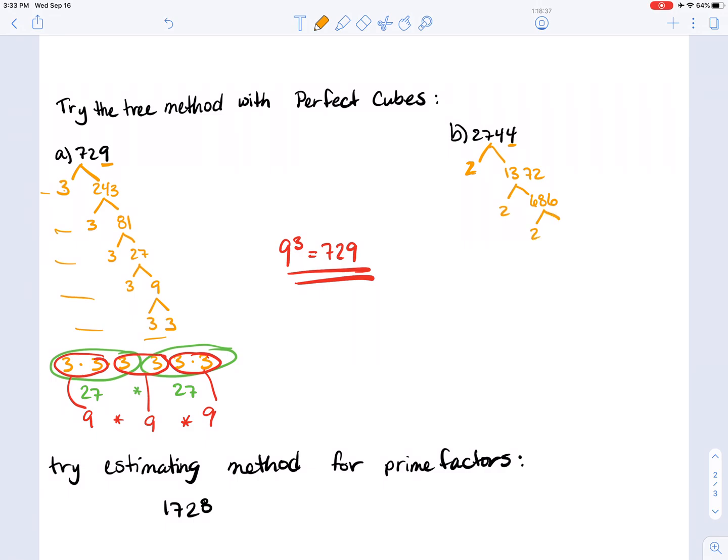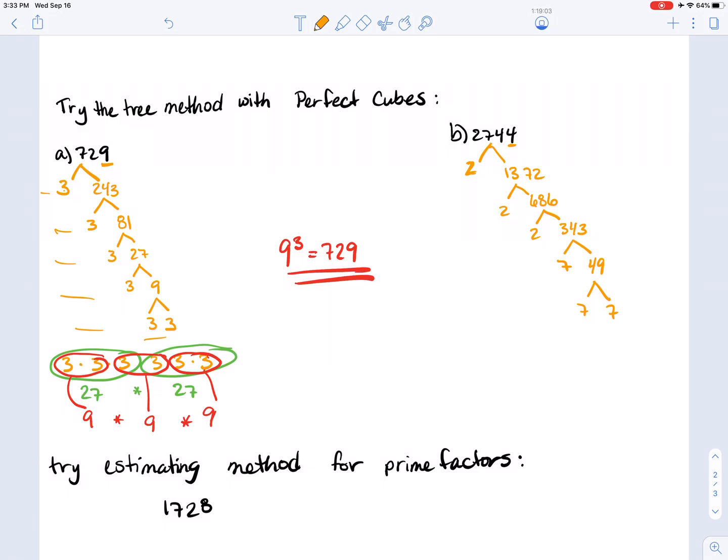Break it down again by 2, 343. Now, 343 obviously does not divide evenly by 2. I could try 3. You will find it doesn't work. Doesn't work with 5, so the next prime number is going to be 7. And that does work. And then 49 is 7 and 7.